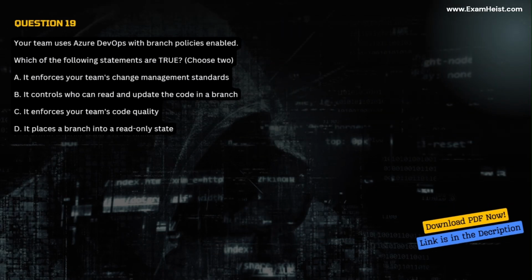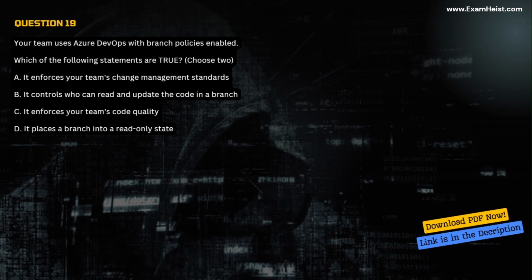Question 19. Your team uses Azure DevOps with branch policies enabled. Which of the following statements are true? Choose 2. A. It enforces your team's change management standards. B. It controls who can read and update the code in a branch. C. It enforces your team's code quality.